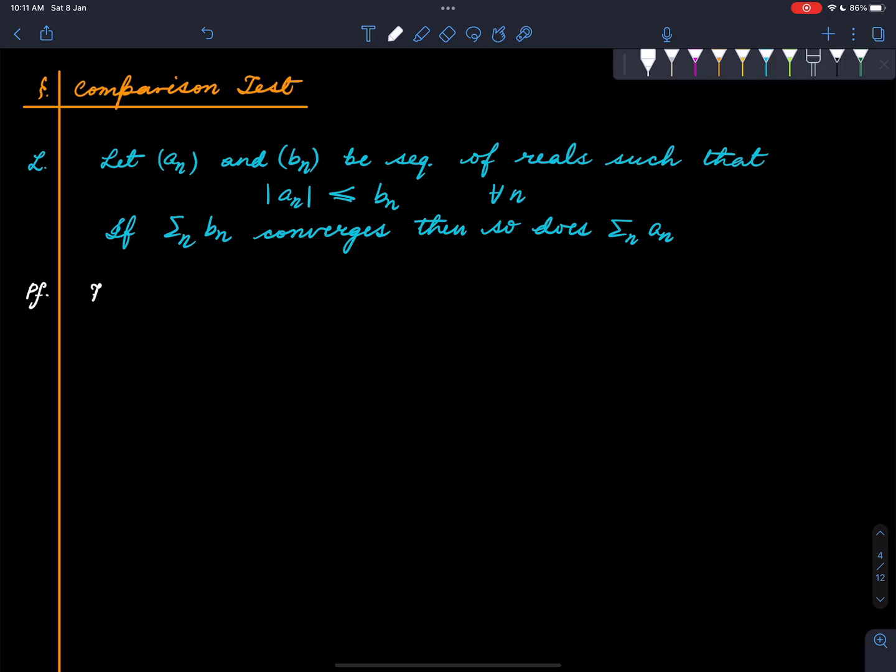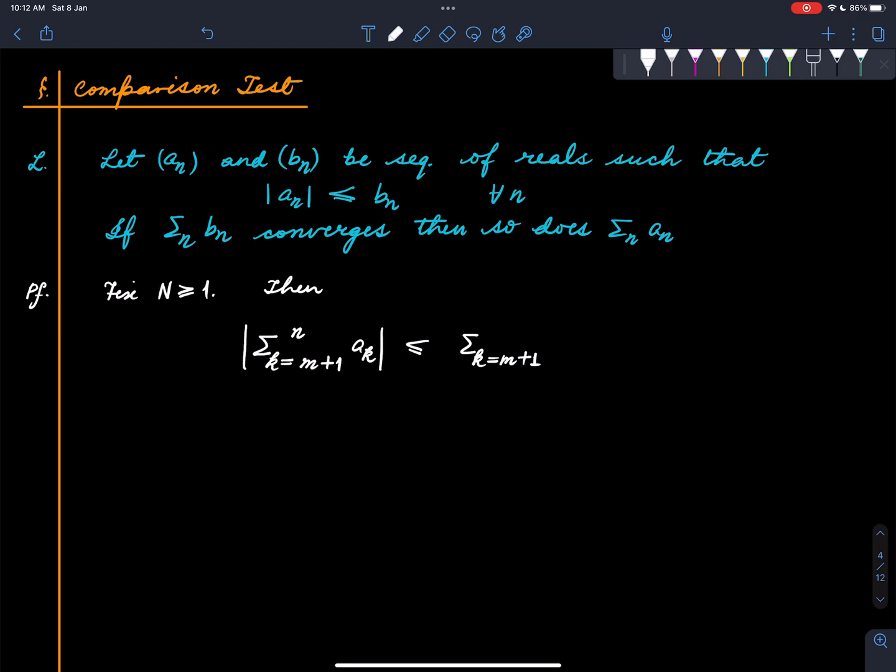So fix some natural number n. Then this summation, let me write a plus 1, is obviously at most, by the triangle inequality, the sum of the absolute values of a_k, which is at most the sum of b_k.